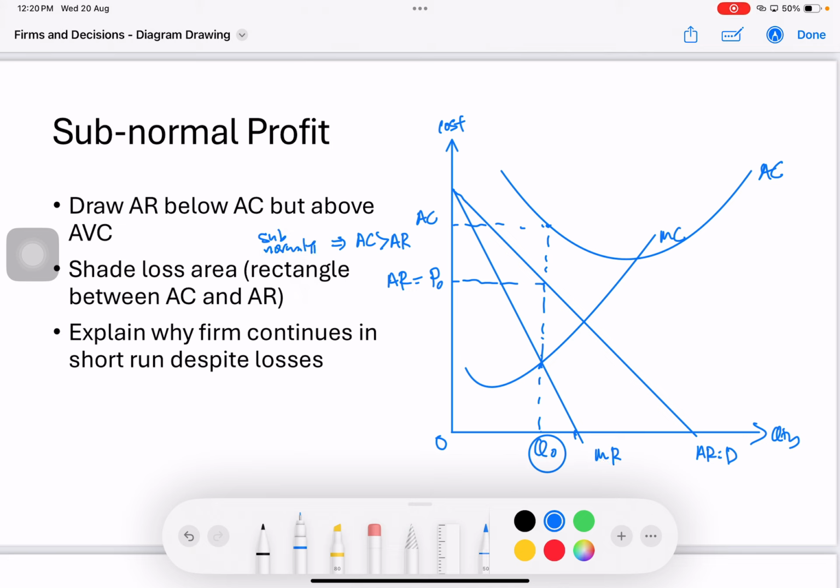Okay, then can you look at this question? Why do firms continue in the short run despite the losses? The losses over here refer to your subnormal profit. So why do they still continue?